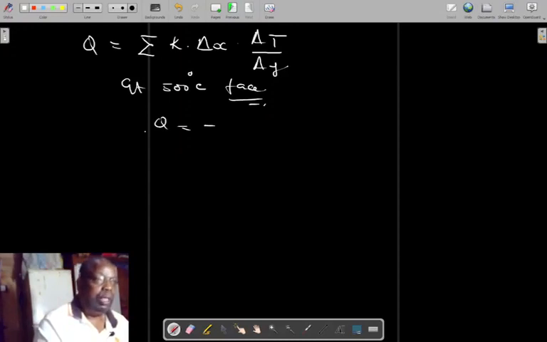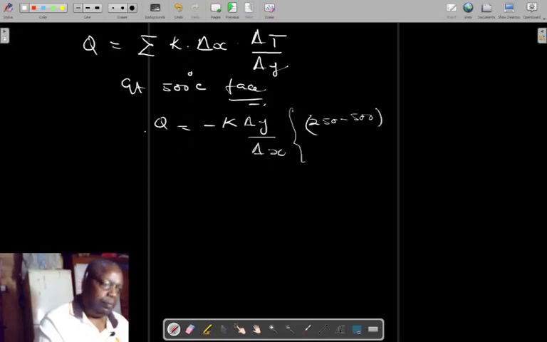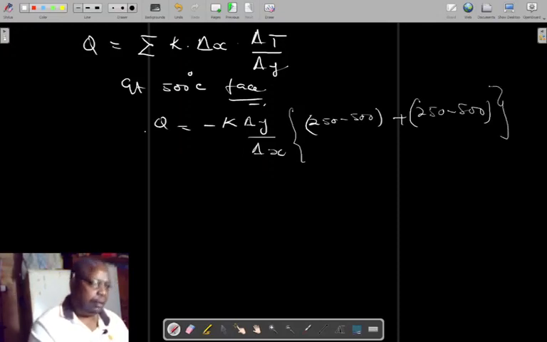So our equation will be minus K delta X over delta Y, then we have both of them at 250, so the sum will be the sum of the two, that is 250 minus 500, 250 minus 500.